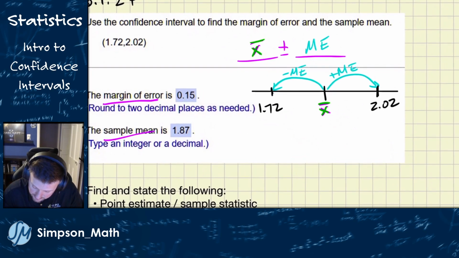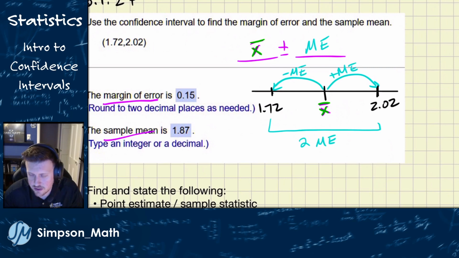We should notice that our interval is two margins of error wide. Don't confuse that 2 with z star. Z star is how many standard errors wide one margin of error is.